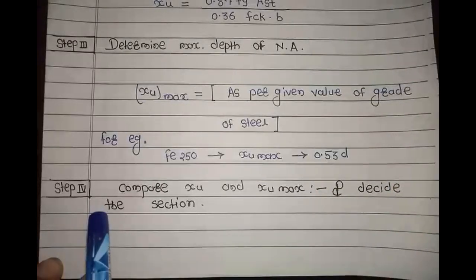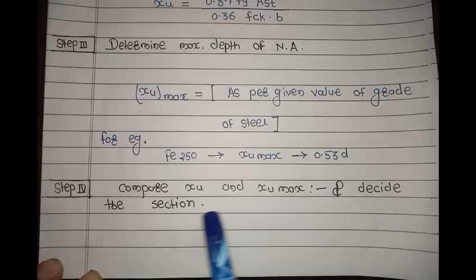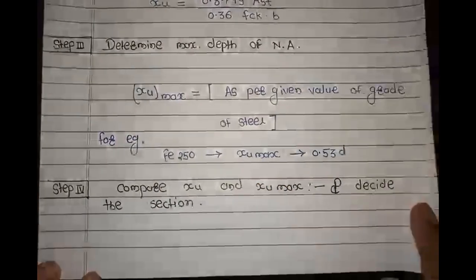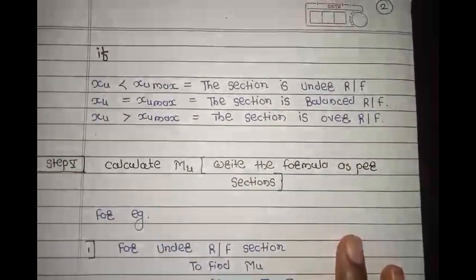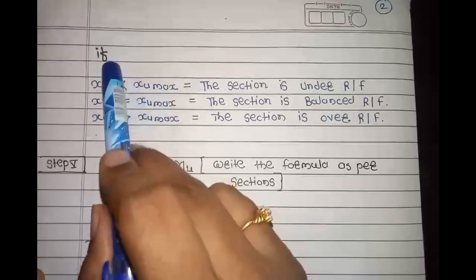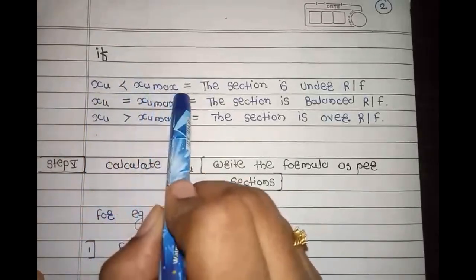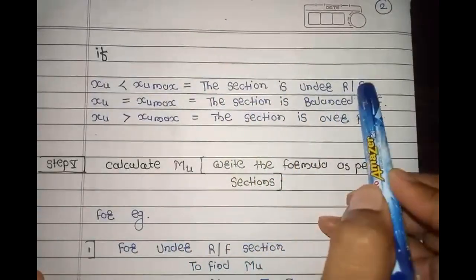Then step 4. Compare XU and XU max and decide the section. If XU is less than XU max, then the section is under reinforced section.